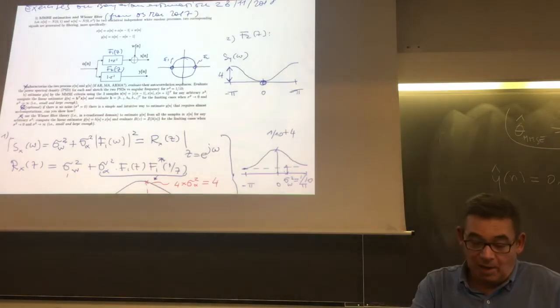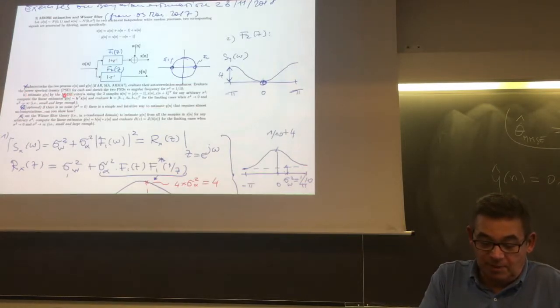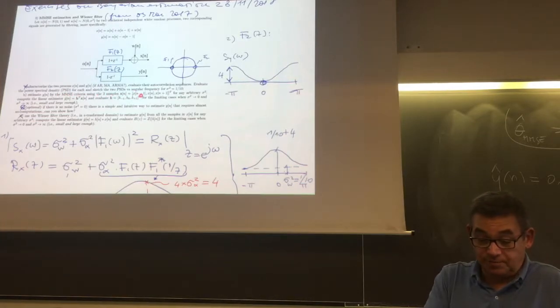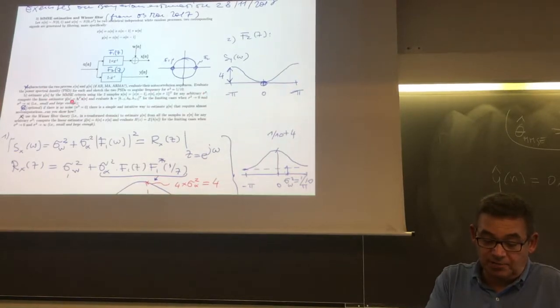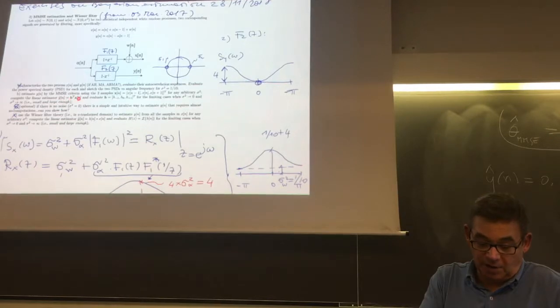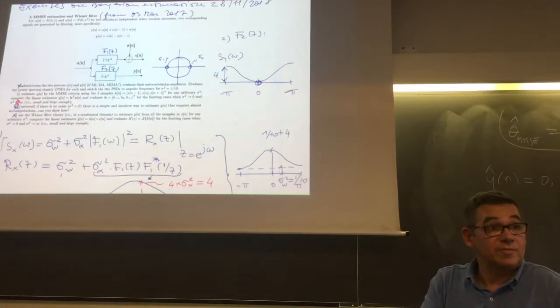So I'm now solving part B. I want to estimate by the MMSE criterion using 3 samples, for any arbitrary sigma W, and compute the linear estimator, y equal h prime x, and evaluate the 3 possible values of h for the limiting cases of sigma square going to 0 and sigma square going to infinity.